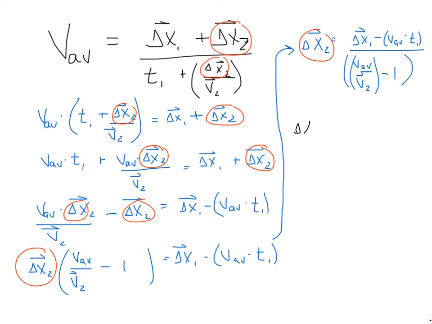Our delta x2 is going to be equal to, what's our initial displacement? That is 6,440 meters minus the average velocity for the whole trip, 1.33, times the time for part 1.